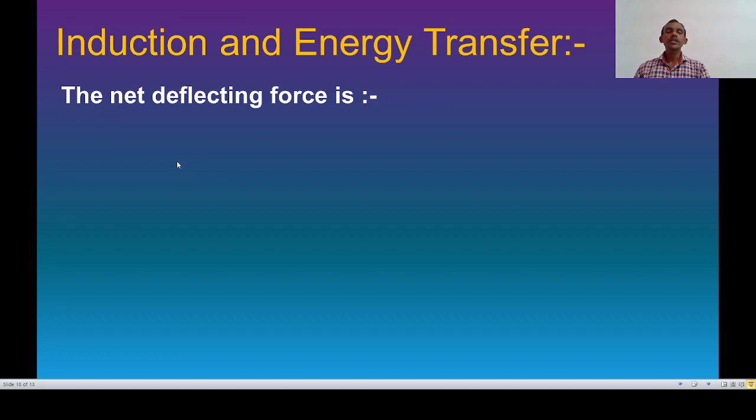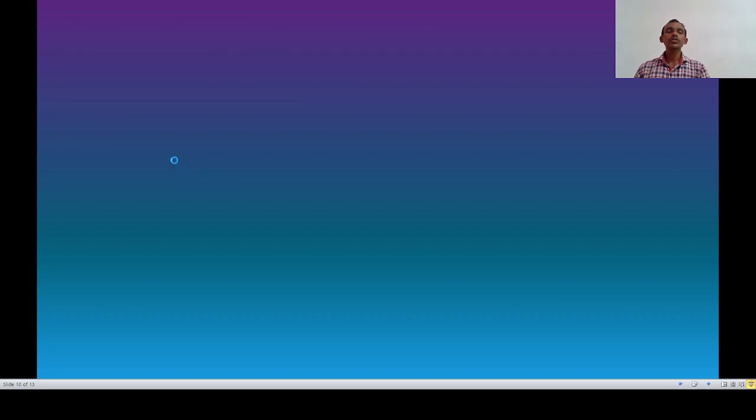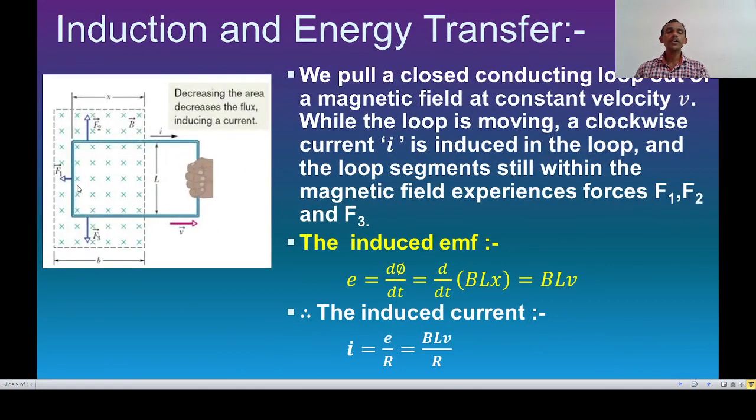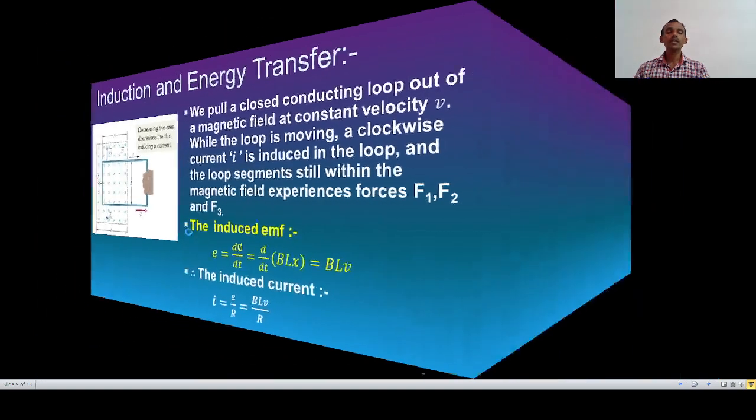In magnitude, F1 should be equal to F. This F1 is towards left, and when we pull this loop towards right, that external force F is towards right. These two forces should be equal but in opposite direction. Then and only then will this loop move with a constant velocity.